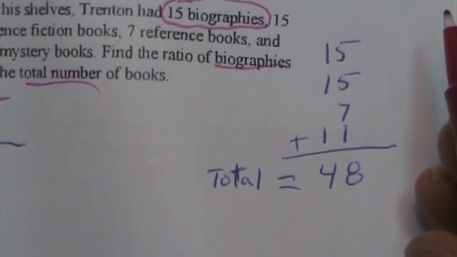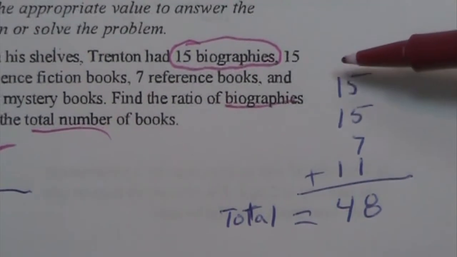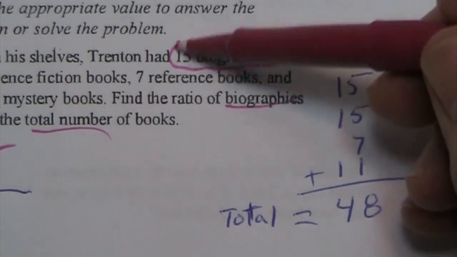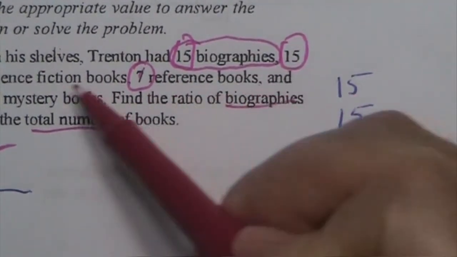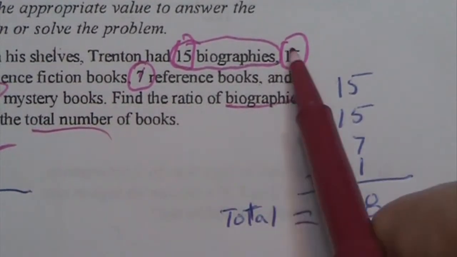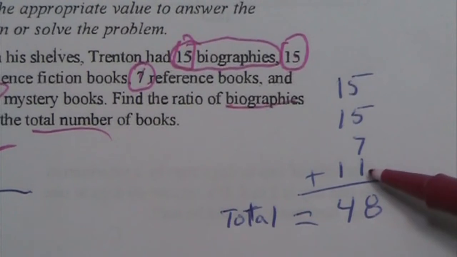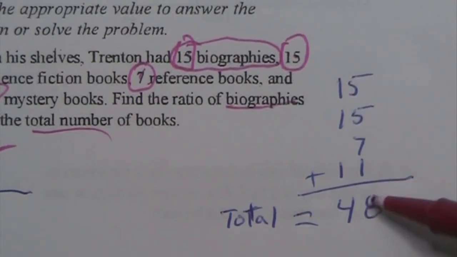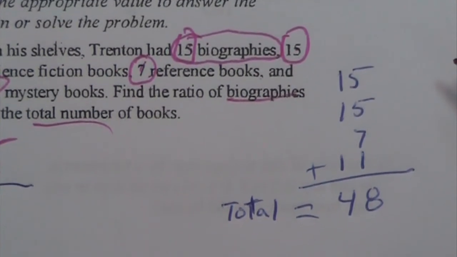Well, I just happened to think ahead of time and I wrote down the number of books. Let's see, we have 15 of this, 15 of that, 7 of those, and 11 of those. So 15, 15, 7, 11. That adds up to 48.